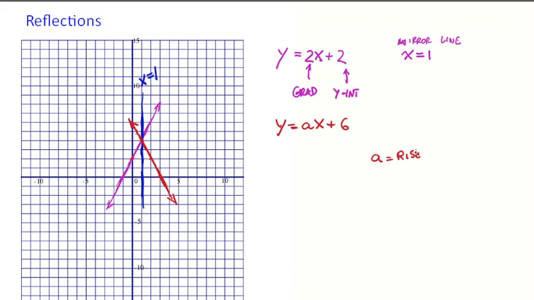That's the easiest way. So let's observe our reflected line, the red one. So we're going 1 forward and 2 down. So rise is -2 and run is 1. So that's -2. So we know that a is -2, therefore the equation of our reflected line would be -2x plus 6.